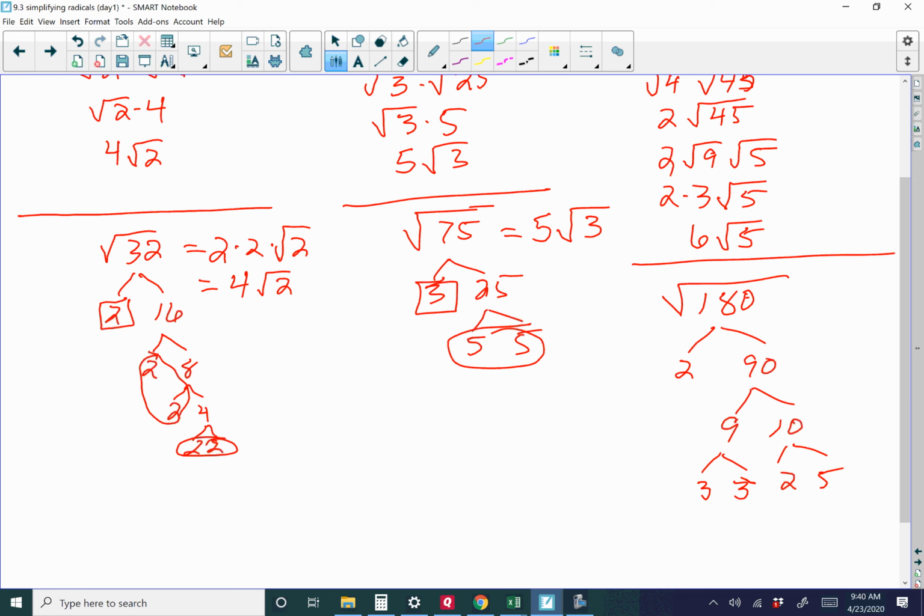Right? So I have a pair of 3's, so I can write 3 in the answer. I have a pair of 2's. I can write a 2 in the answer without the square root. And the only other number left by itself without a pair is the 5. I put a box around it. That has to go back under the radical. So what do we get? 6 times the square root of 5.